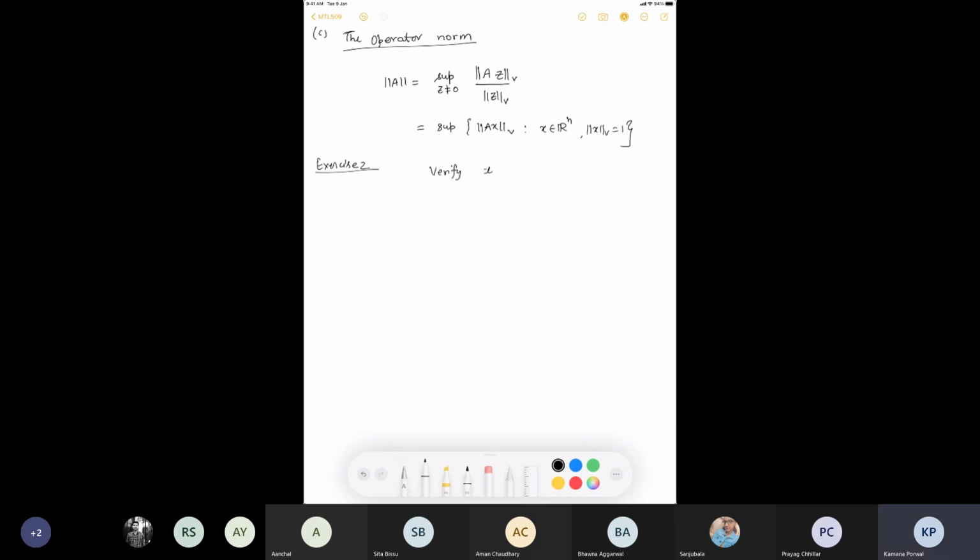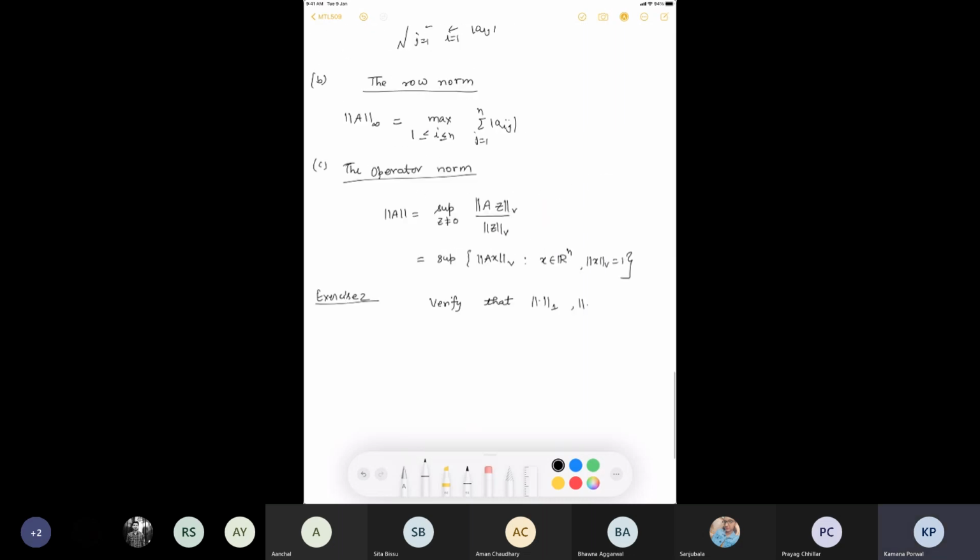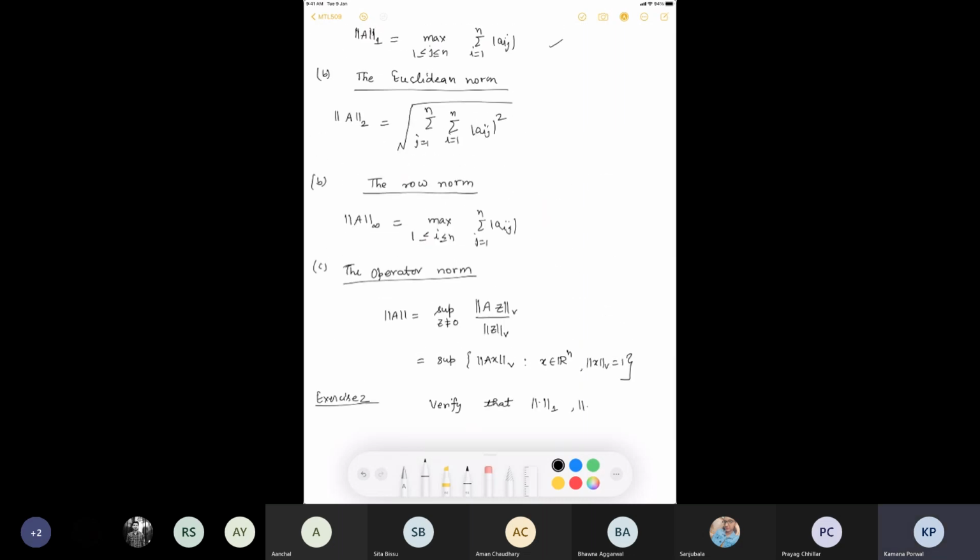Verify that, okay, so what I used for the Euclidean is 2. So for the Euclidean, either this notation is used or we also use E in the subscript.